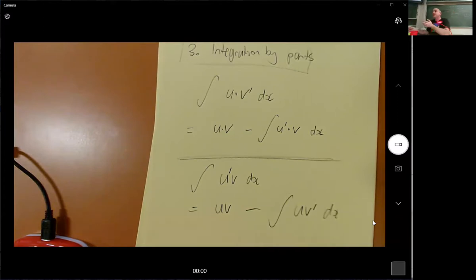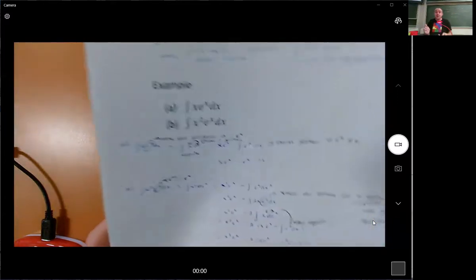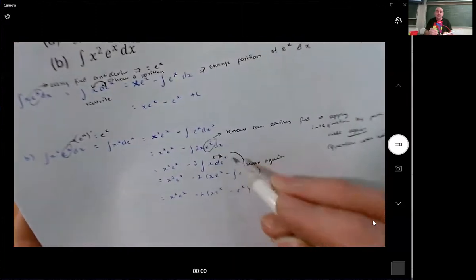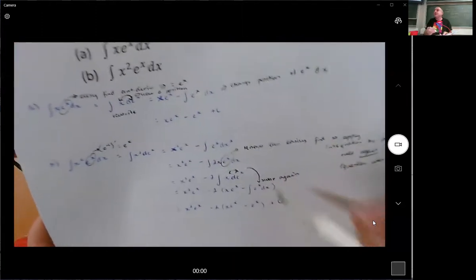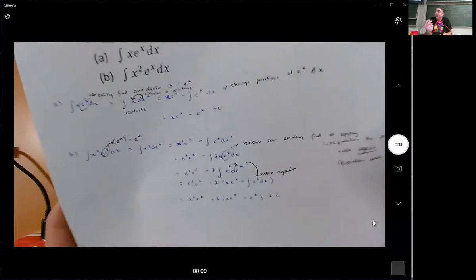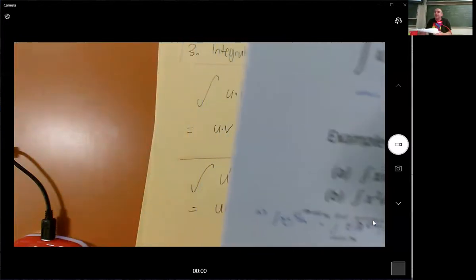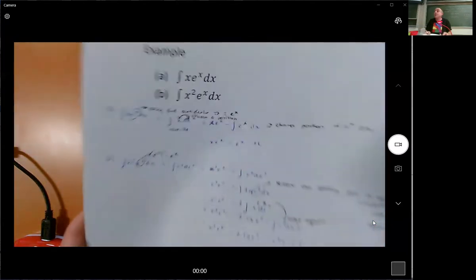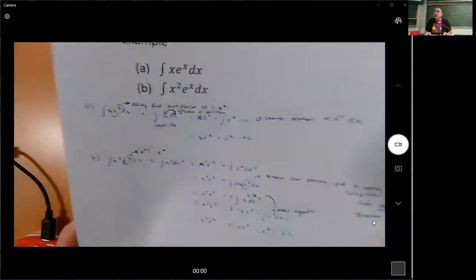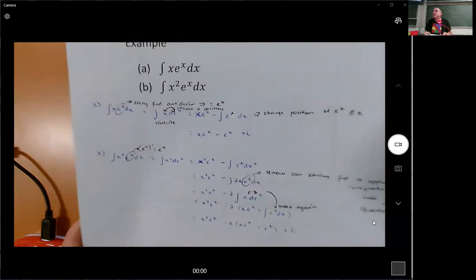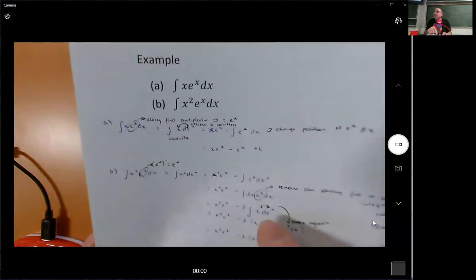And so because in this example the derivative of e to the x is e to the x, you can just switch them, but no other function does that. And so this is the only example we have, and so you assume that switching is a thing you can always do, but you can only do it in this situation.